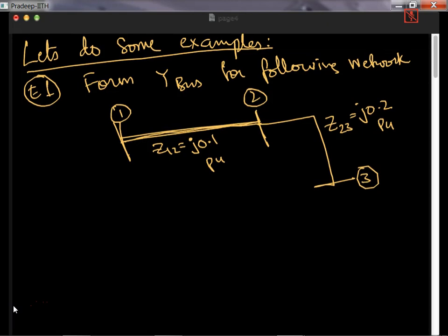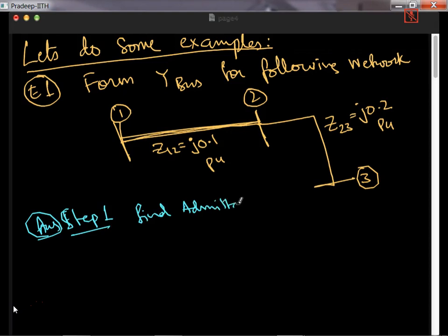So I will solve it for you. Answer. So what is the first step? Find admittances. So y12 is nothing but 1 by z12, that is 1 by j0.1, that is minus j10.